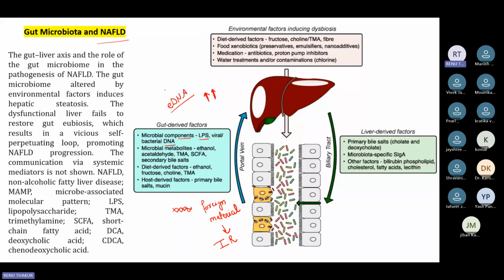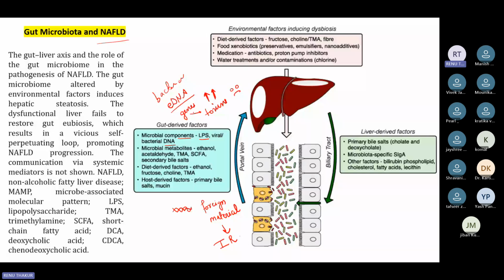So whenever there is an increase in the eDNA, the source is bacteria. Bacterial eDNA can also lead to inflammatory responses, because obviously it is not your genomic material, it is someone else's genomic material. And if it is from the bad bacteria, then it will have some genes which are responsible to produce toxins. Then the condition will be more fatal.